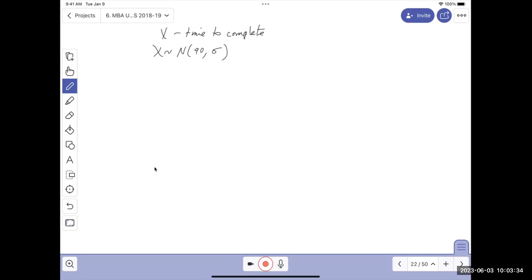So what you've just been told is that 90% of students complete it in under 120 minutes, where we're going to find where that is in terms of z-score that corresponds to 120 minutes. So let's find the z-score for that.